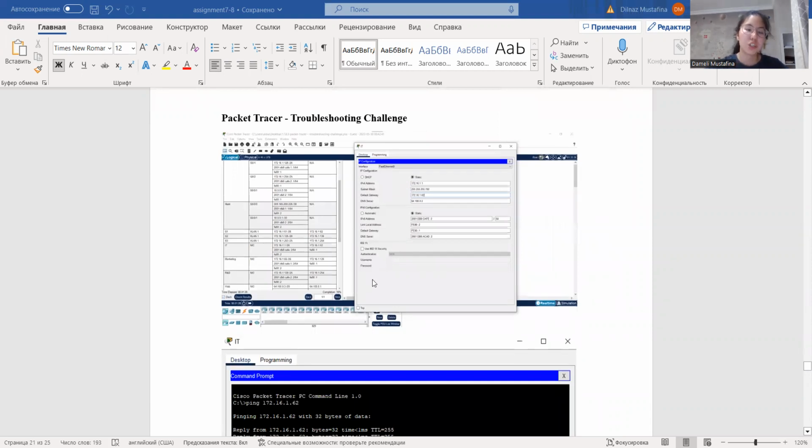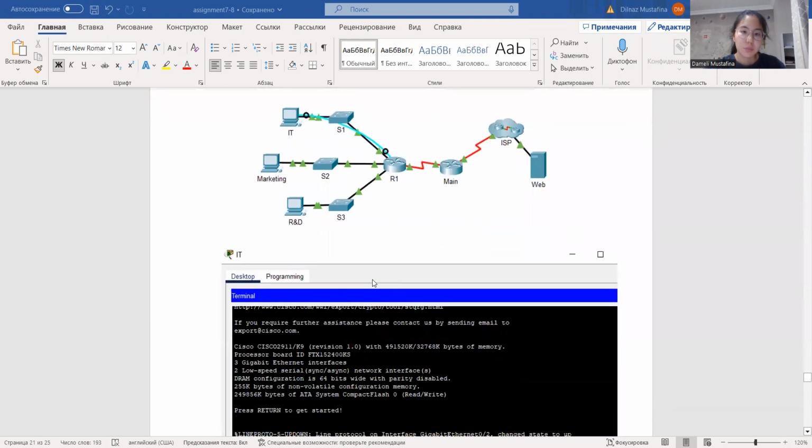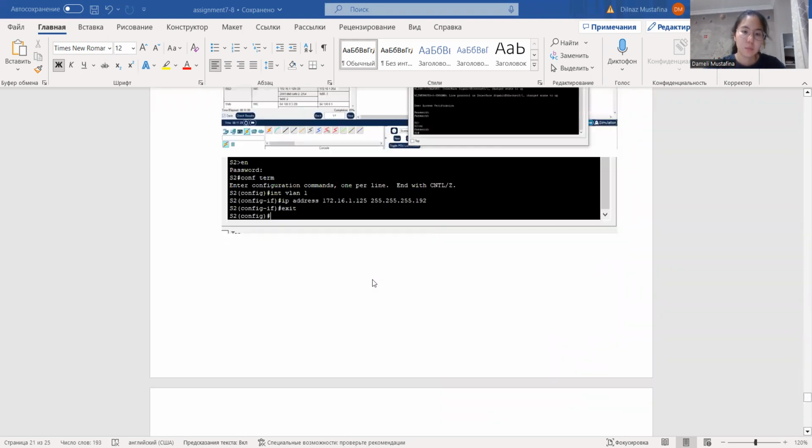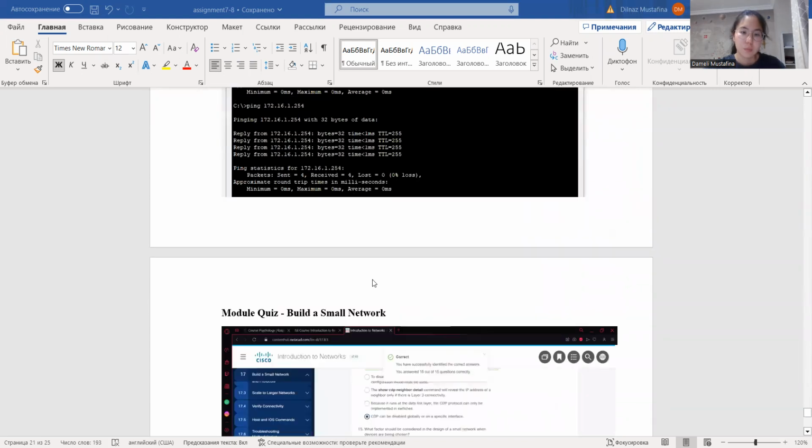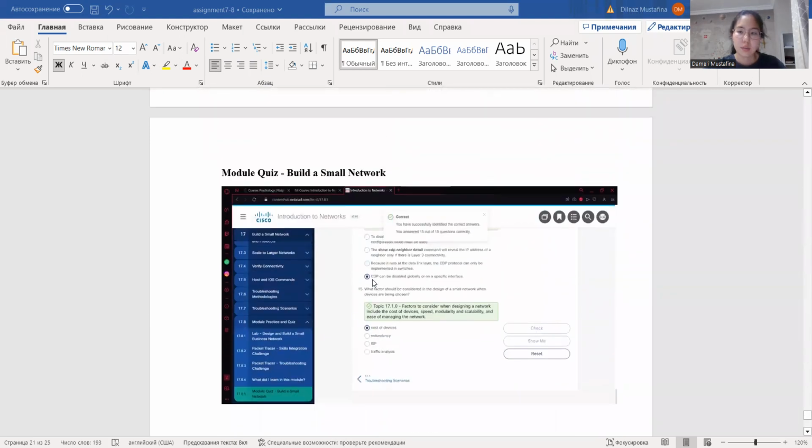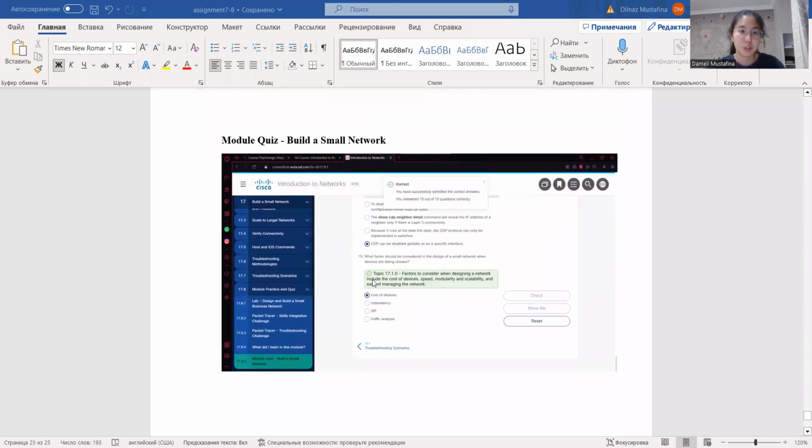Here the packet tracer is a troubleshooting challenge. And the last quiz is build a small network.